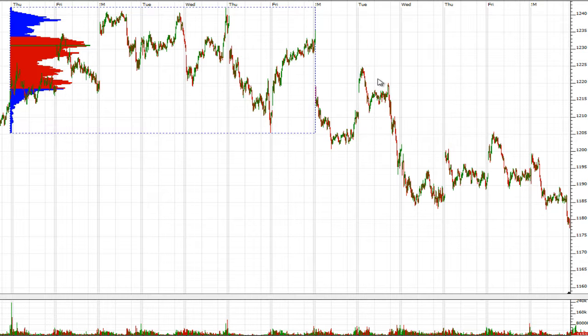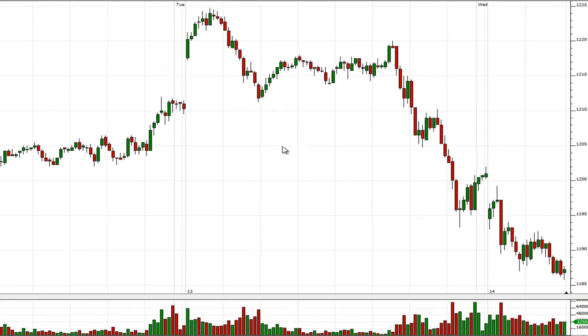Alright, so let's now zoom into this day. Okay, here's the day. So this day we gap up, and it looks like we're pushing higher right off the open. Alright, but we're pushing higher right into a previous high volume node, the previous key reference area. Now, given that context, we're not flying blind on this day.